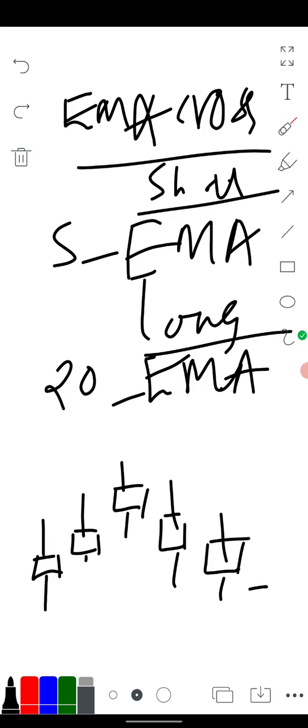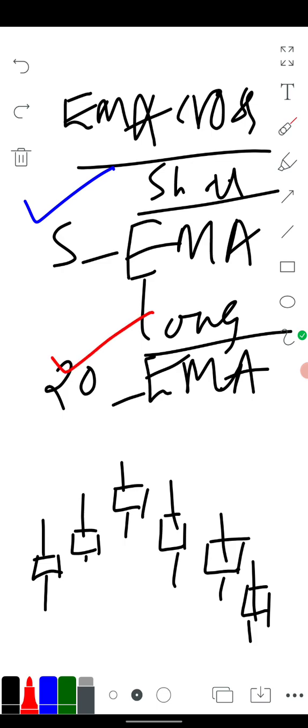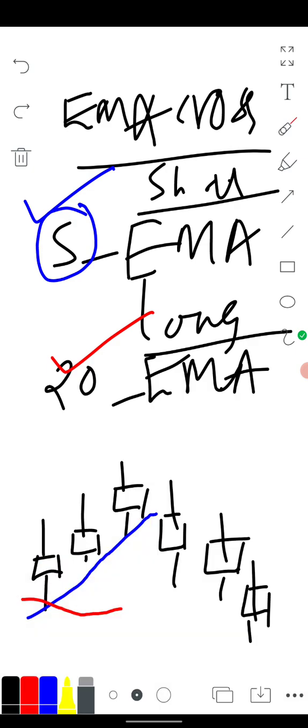Okay, for example, I am considering blue as this 5 EMA and red as this 20 EMA. And this blue line, nothing but short, crosses above. Here you can see, this is the place where blue crosses above the red, right? Short, nothing but 5 EMA, crosses above the long EMA.